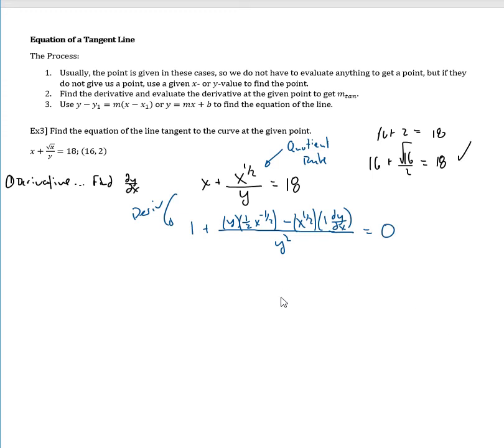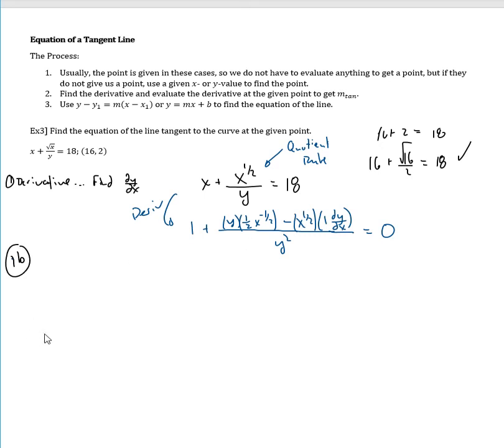This took a while to get, but it's looking good. Now I've got this big expression. Often you don't actually have to find dy/dx at this point. So that was part 1a, just get the derivative.